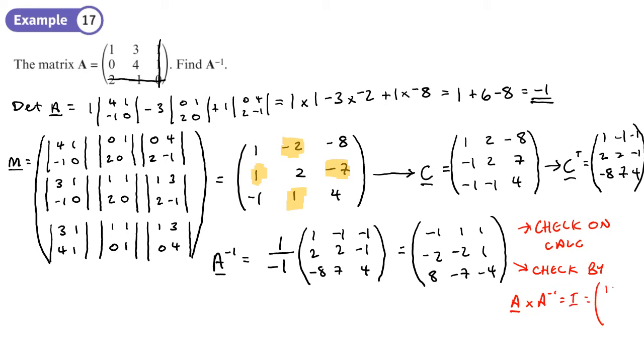So you should get 1, 0, 0, 0, 1, 0, 0, 0, 1. I'm not going to do that here, but you can, and that's just to show you that working out this inverse actually works and does what it's meant to do.